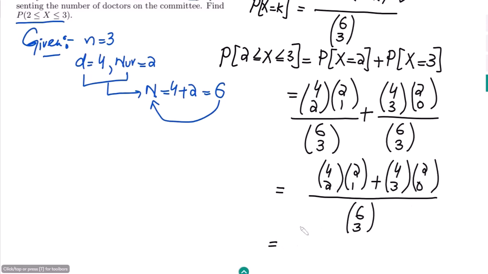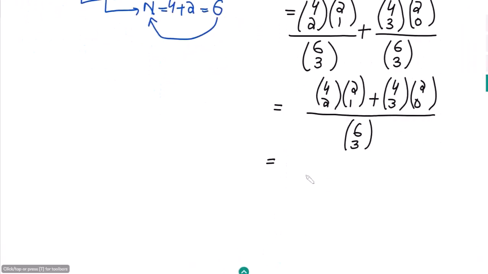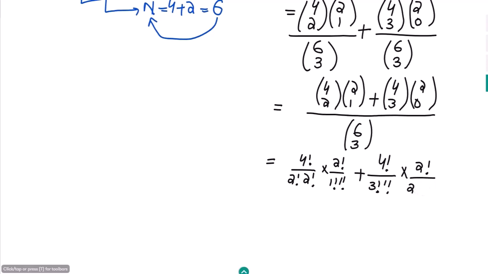Solving it, it becomes 4 factorial divided by 2 factorial times 2 factorial, multiplied by 2 factorial divided by 1 factorial and 1 factorial, plus 4 factorial divided by 3 factorial and 1 factorial, multiplied by 2 factorial divided by 0 factorial and 2 factorial, because 2 minus 0 is 2.